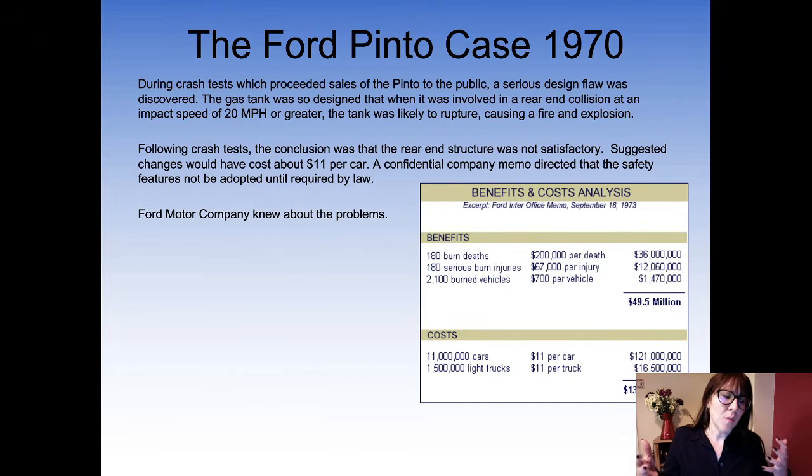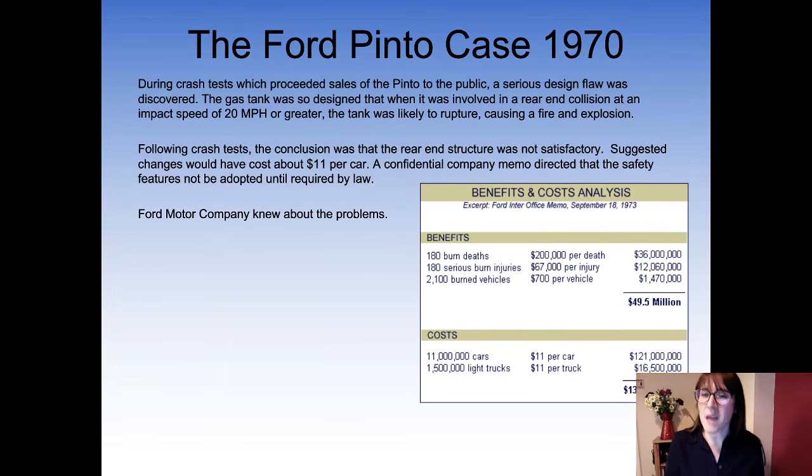From different car collision records, they could work out roughly how many likely collisions there would be, and they worked out that the cost of these incidences would come to about 49.5 million.